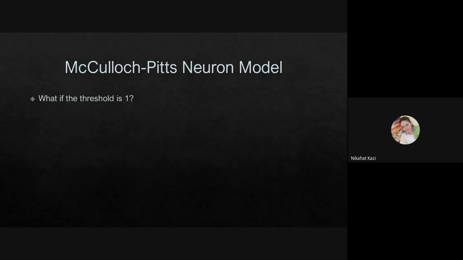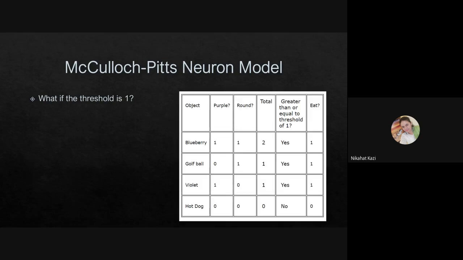So how do we decide this threshold? This threshold can be decided by trial and error. So what if the threshold is 1? If I decide that the threshold is 1, now I know the total. The total is what is mentioned in this column, right? The total for whatever we have decided, we are just taking the sum of these inputs, right? So this is the total.